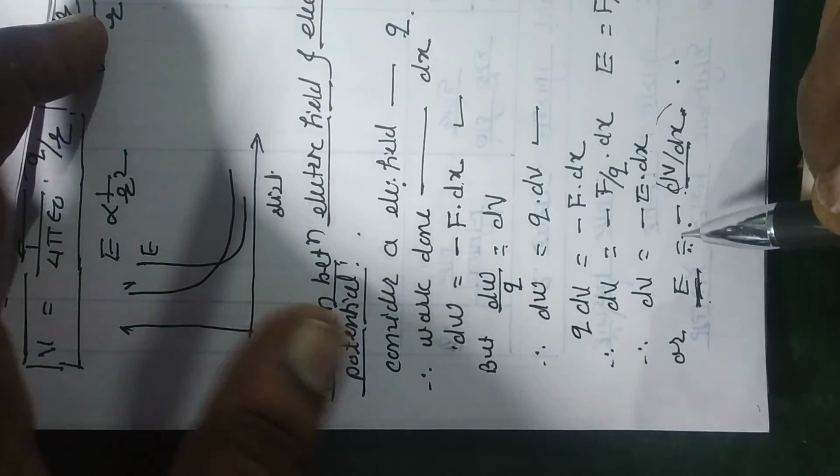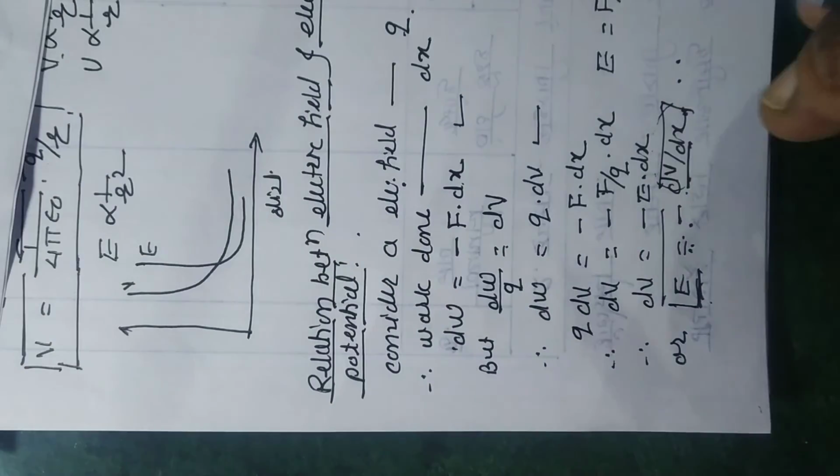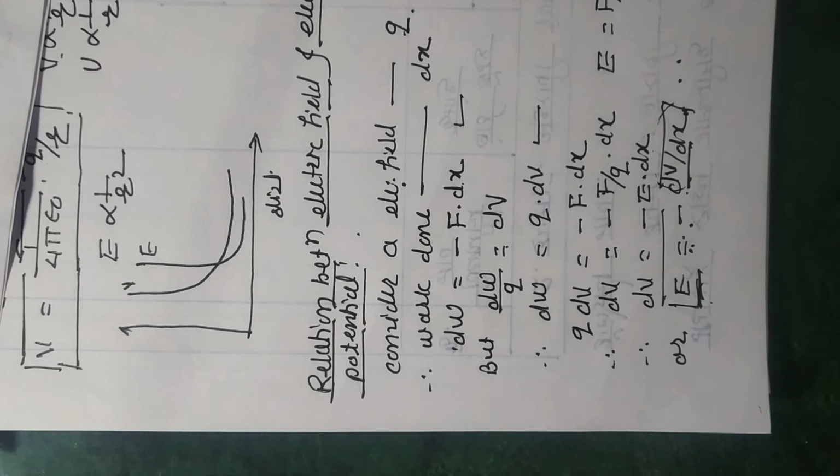Okay, this is the relation between electric field and electric potential. This is about electric potential energy, and the relation between electric potential and electric potential energy. Okay, next part in the next period.